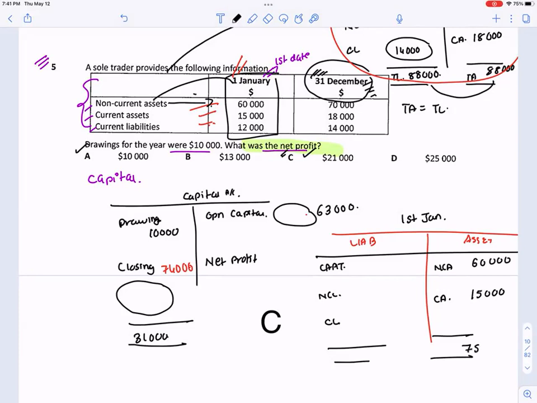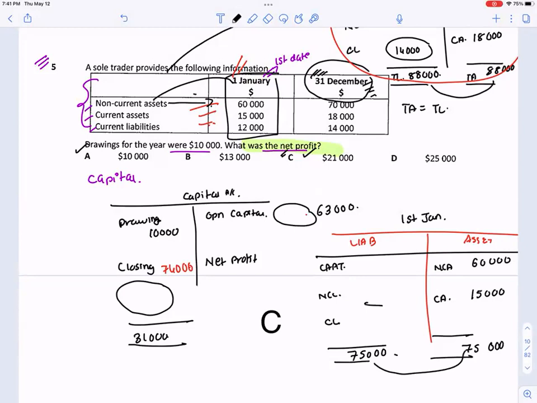Total assets, 75,000. Total liabilities. Capital we don't have.